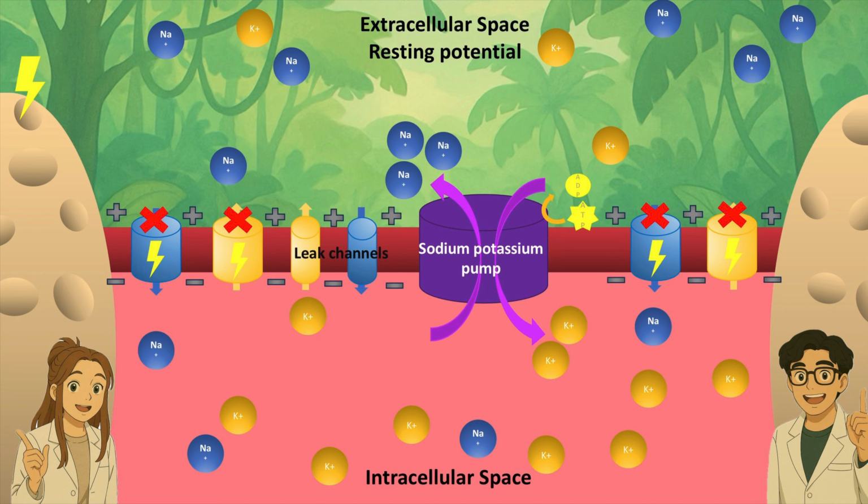Further, the sodium leak channels, which are less abundant than the potassium leak channels, also allow a few ions to diffuse with their concentration gradient across the membrane. So the intracellular concentration of potassium is higher than the extracellular, and the intracellular concentration of sodium is lower in relation to the extracellular concentration at resting potential.